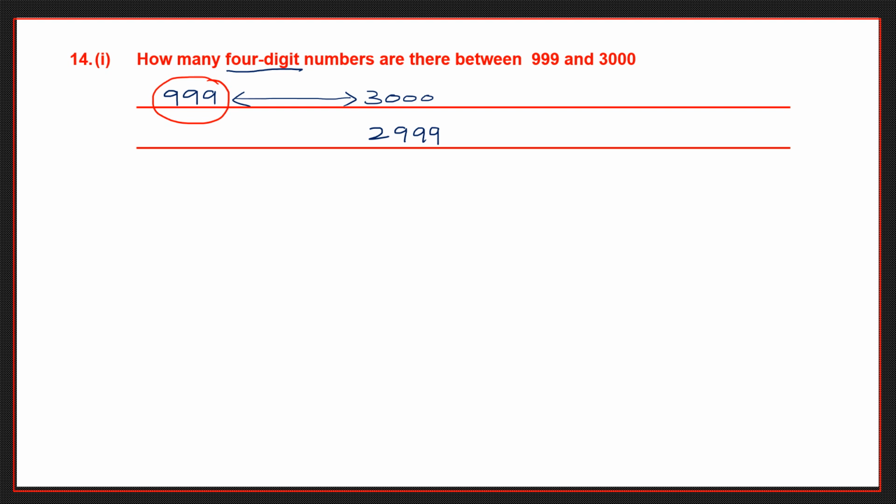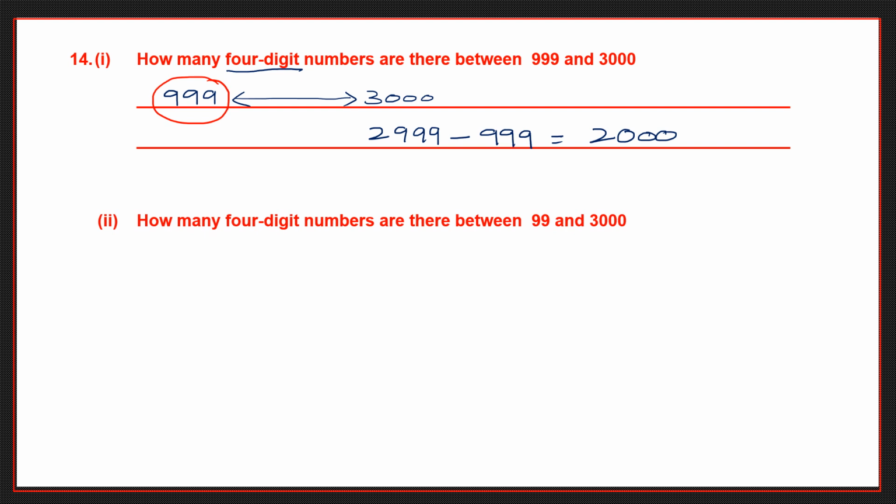So take this and subtract it from 2,999. 2,999 minus 999. So 0, 0, 0 and 2. So here we get 2,000. That means there are 2,000 4-digit numbers between 999 and 3000.